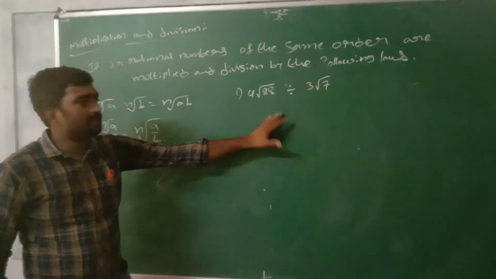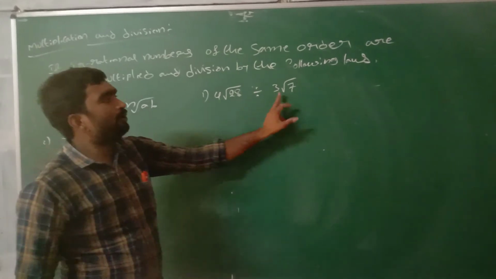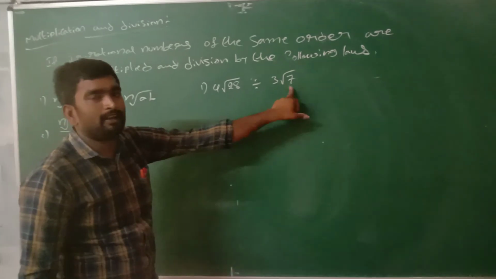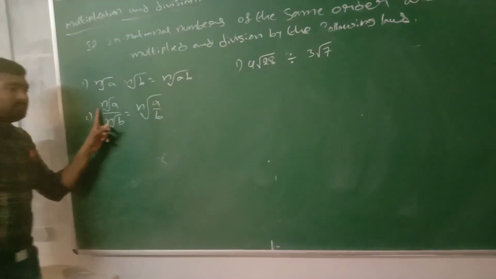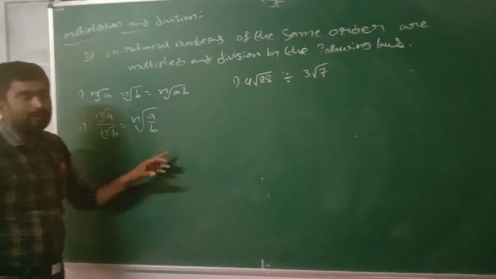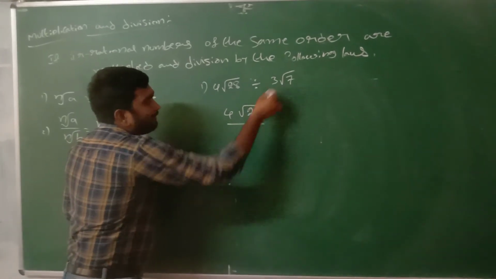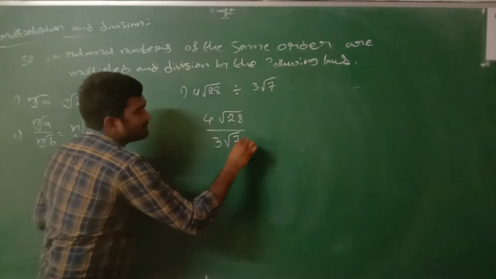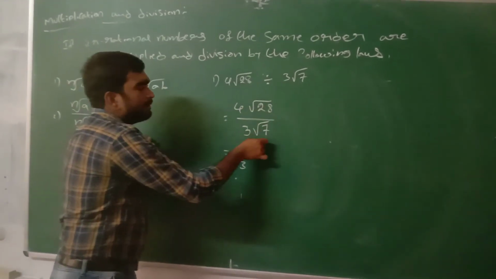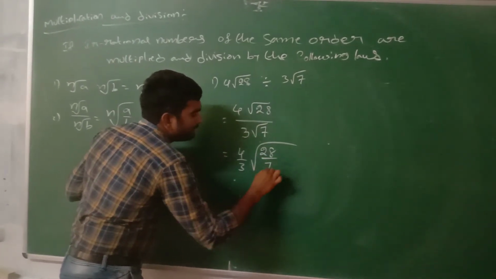Example of division. 4 into root 28 divided by 3 into root 7. It is not fourth root, it is root 28, and this is root 7. By using the formula nth root a divided by nth root b is equal to nth root of a by b, 4 into root 28 divided by 3 into root 7 is equal to 4 by 3 into root of 28 by 7.